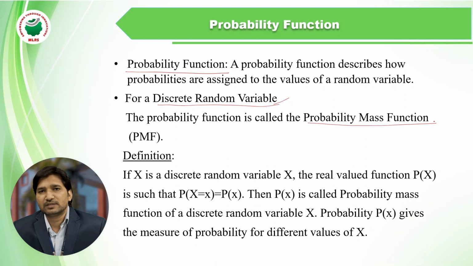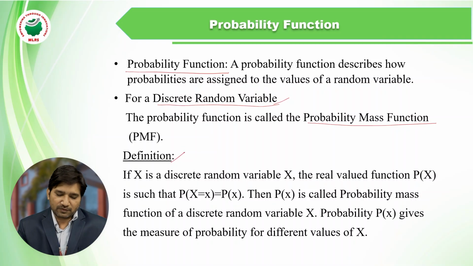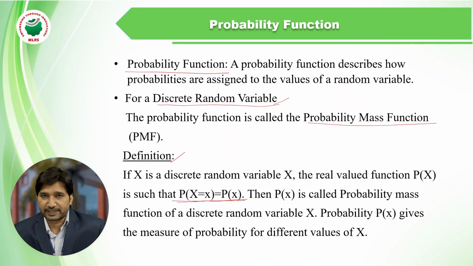The definition of the probability mass function is: if X is a discrete random variable, the real valued function p(x) is such that P(X = x) = p(x). Then p(x) is called the probability mass function of the discrete random variable X. The probability p(x) gives the measure of the probability for different values of x. That is the probability mass function of a discrete random variable.